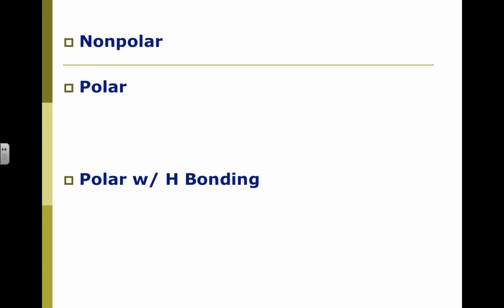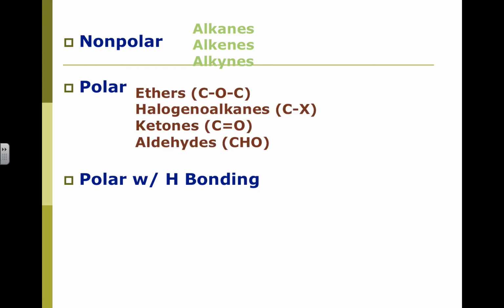Okay, so if we talk about which various functional groups are polar versus nonpolar or polar with hydrogen bonding, we get these. So your hydrocarbons that are just straight hydrogen and carbon, hence hydrocarbon, are all nonpolar. So all they're going to have are those London dispersion forces. Your polar molecules, so there's dipole but not any hydrogen bonding, would be your ethers, your halogenoalkanes, your ketones, and your aldehydes.